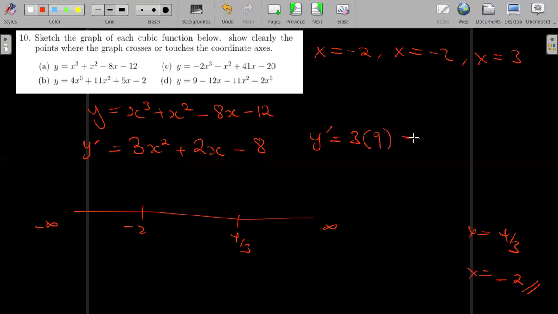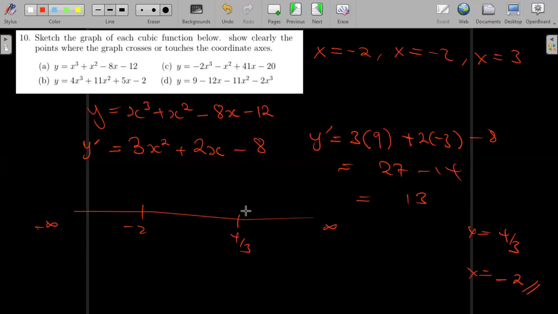Then 3 times 9 gives us 27, and 2 times negative 3 gives us negative 6. Negative 6 minus 8 gives us negative 14, so 27 minus 14 gives us 13.